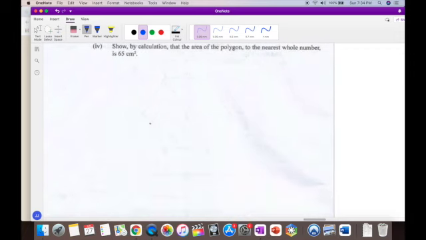So we have the area of a triangle is equal to a half ab sine C. And so we know that the sides are all 5 centimeters, and we know that it's the sine of 60 degrees.